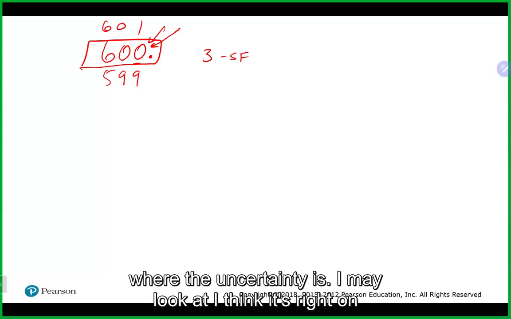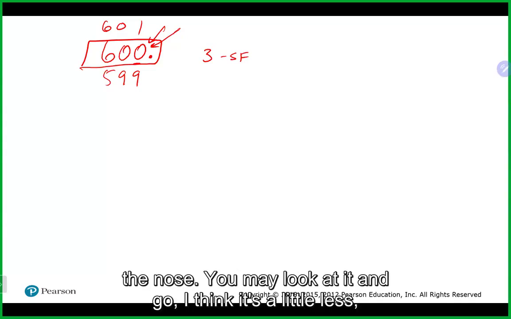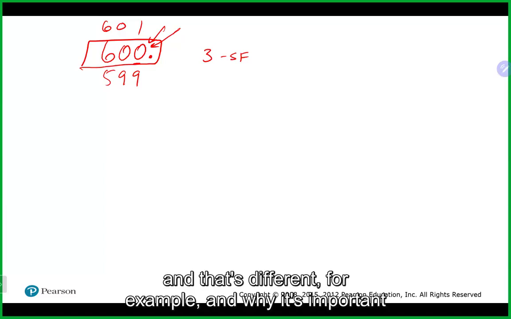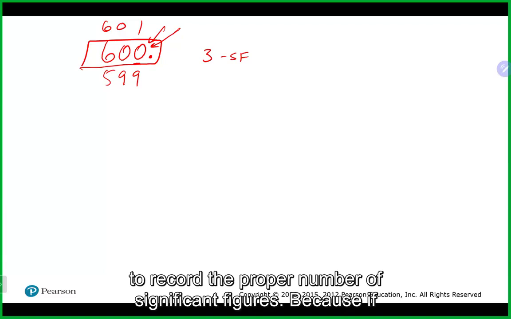I may look at it and think it's right on the nose. You may look at it and go, I think it's a little less, right? That's where the error comes in. And that's why it's important to record the proper number of significant figures.